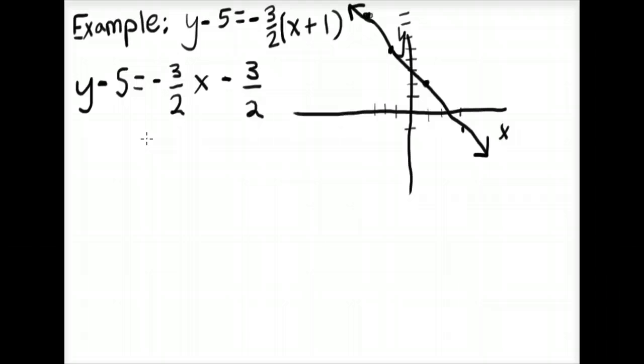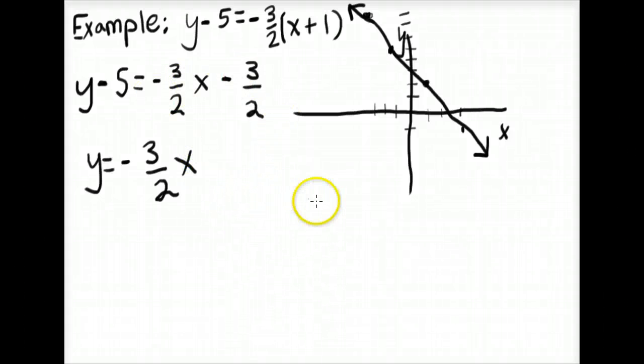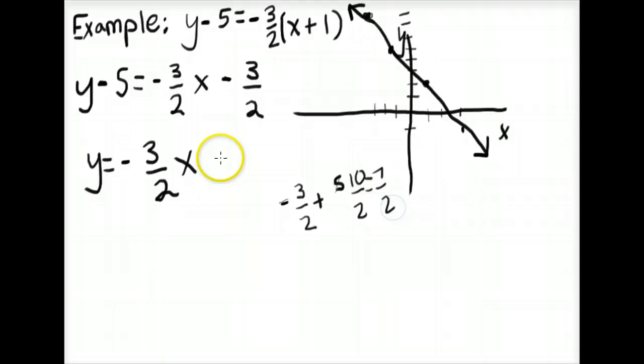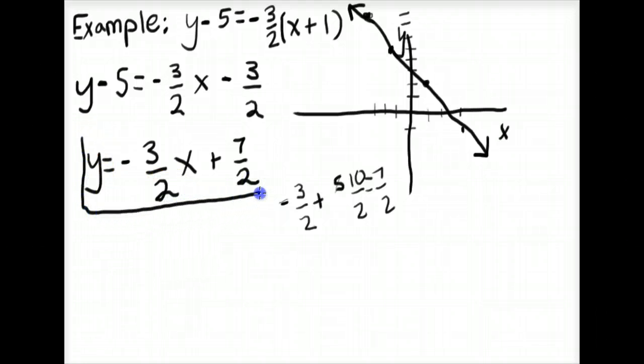So we have y equals negative 3 halves x, and then adding 5 to negative 3 halves, we get negative 3 halves plus 10 halves, which is 7 halves. So this will be negative 3 halves x plus 7 halves, and this is the equation in slope-intercept form.